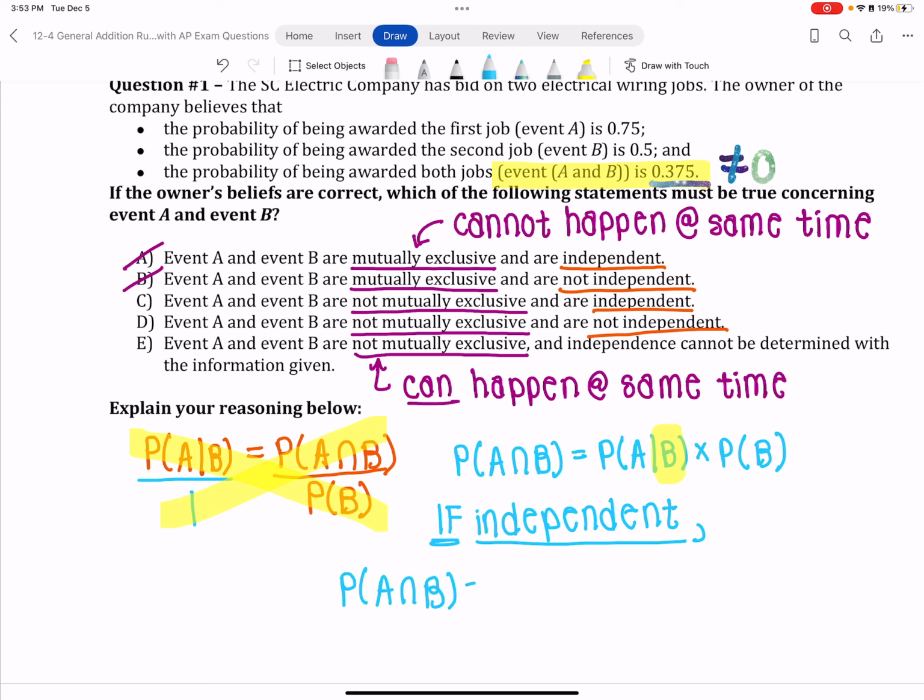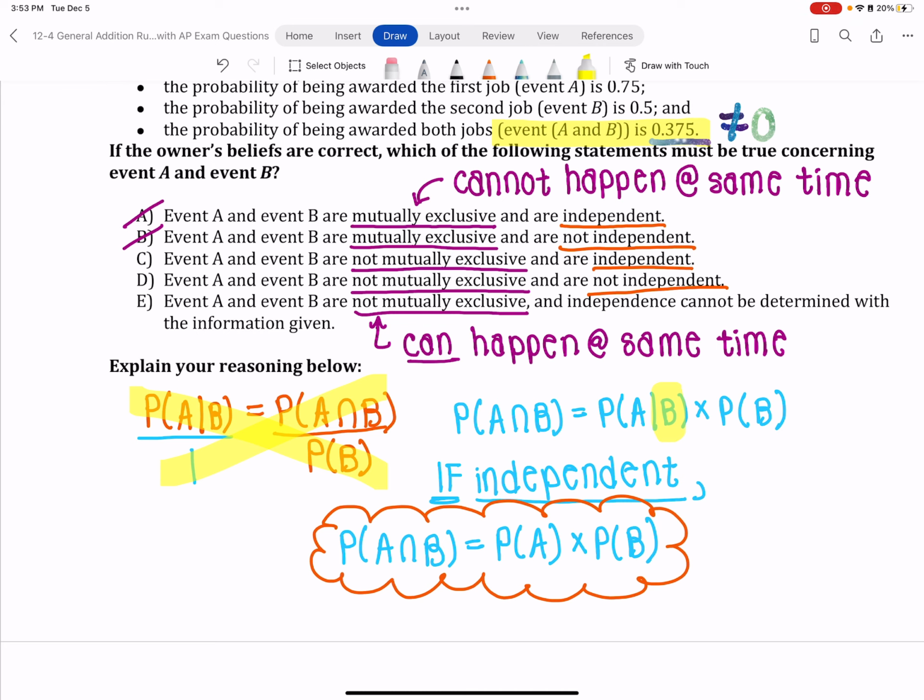Well, is that true? Let's take a look at what's given. So we are actually given the probability of A and B happening. It's right here. They tell us it's 0.375. So all we have to do is just plug in that information, 0.375. We got it right from the problem.